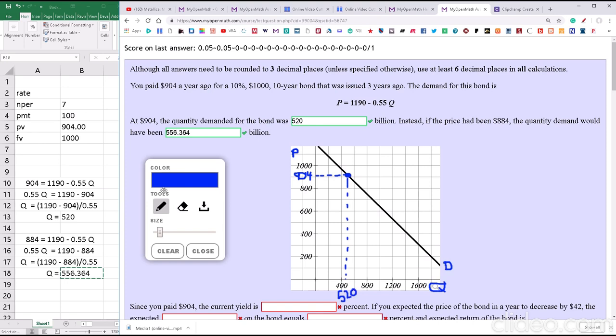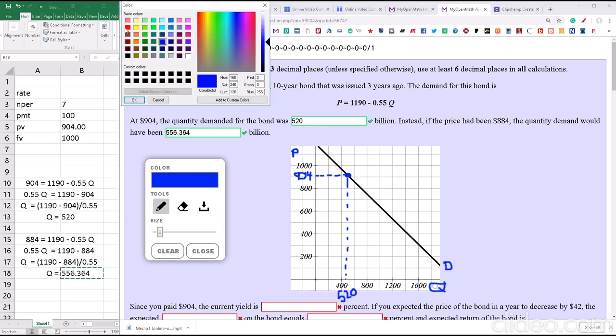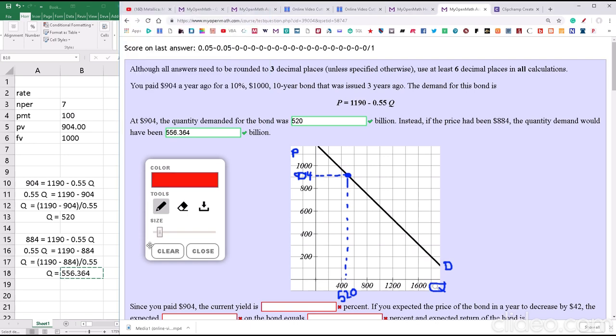Okay. And then I'll change the color to red. I might shrink up the line size. And at the price of $884, which is right about here, and it doesn't have to be exact.